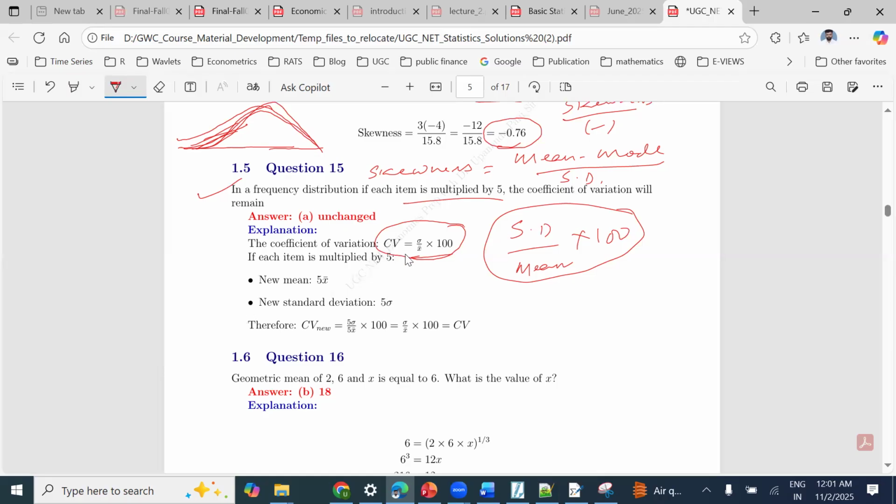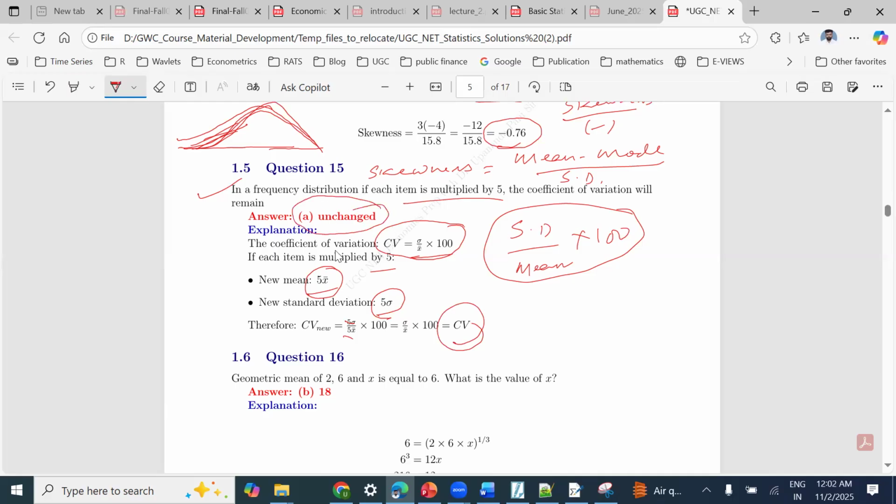The coefficient of variation is sigma upon x bar into 100, and if each number is multiplied by 5, the new mean is 5 x bar and the new standard deviation is 5 sigma. Straight away you can see this gets cancelled out, isn't it? That is the reason it is the same. The coefficient of variation is independent of change in scale.